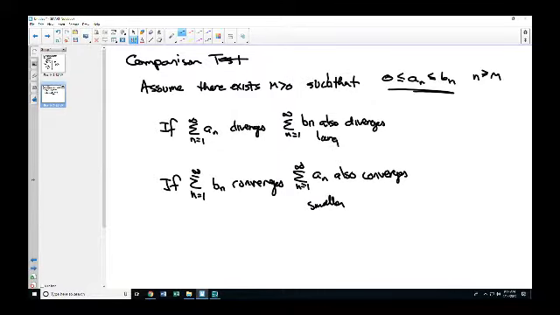It'd have to be a sub n is less than or equal to b sub n. B sub n is bigger than a sub n. Since b sub n is above it, and b sub n is bounded or convergent, then a sub n also has to. Yeah, we switched them.